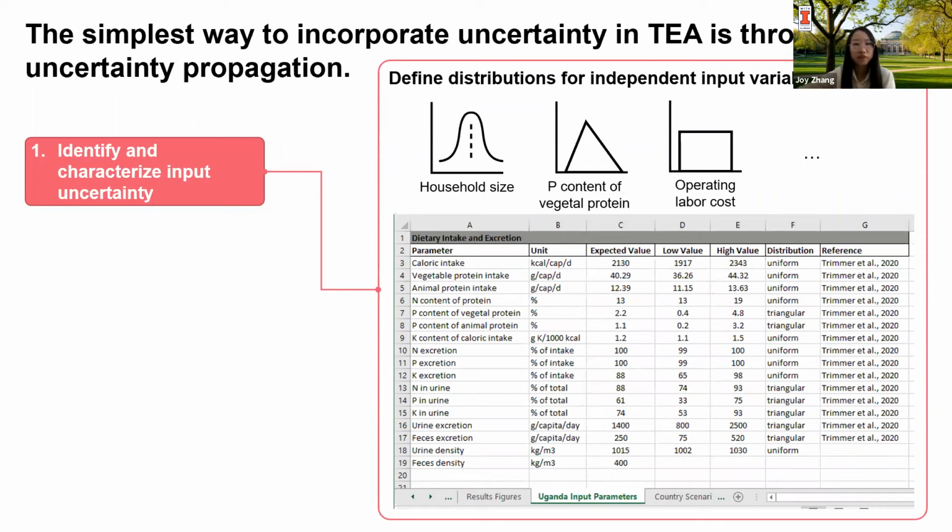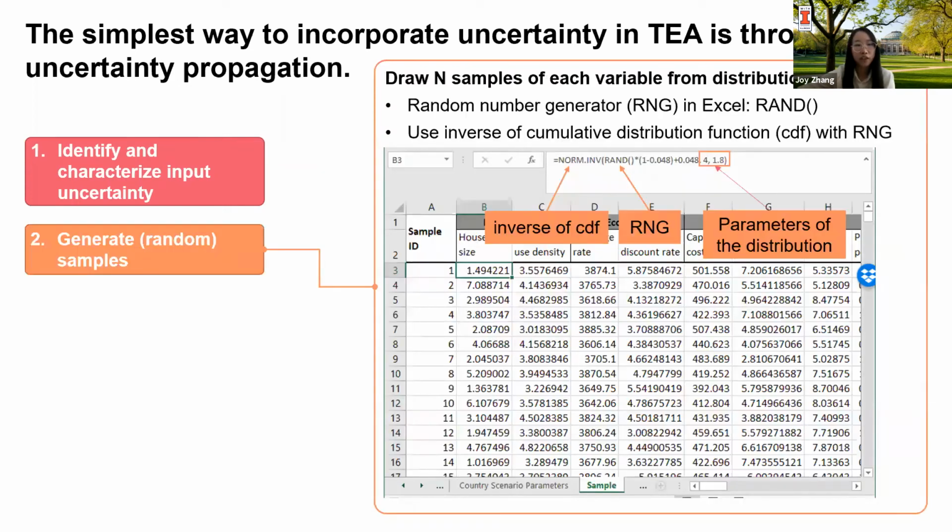Once we have the distributions defined, we can generate samples for each of the independent parameters. To do that in Excel, we can use the random number generator, the RAND function, coupled with the inverse of the cumulative distribution function that's available in Excel.